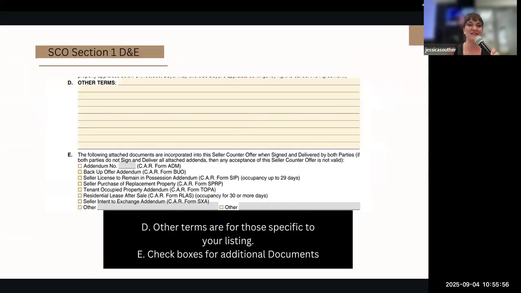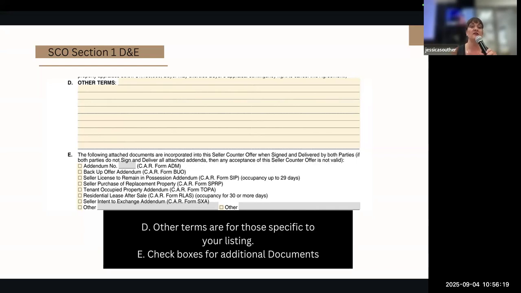Okay, moving on. Section 1D and E. Section D is the other terms. This is where you're gonna write in your listing specific counter that you're gonna counter out. And that can be a myriad of things. And then section E are the additional boxes to check for any other addendums or contracts that you want to include in this.